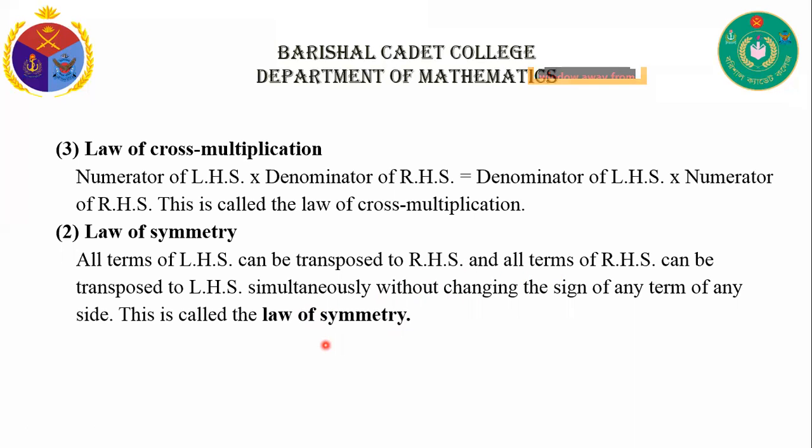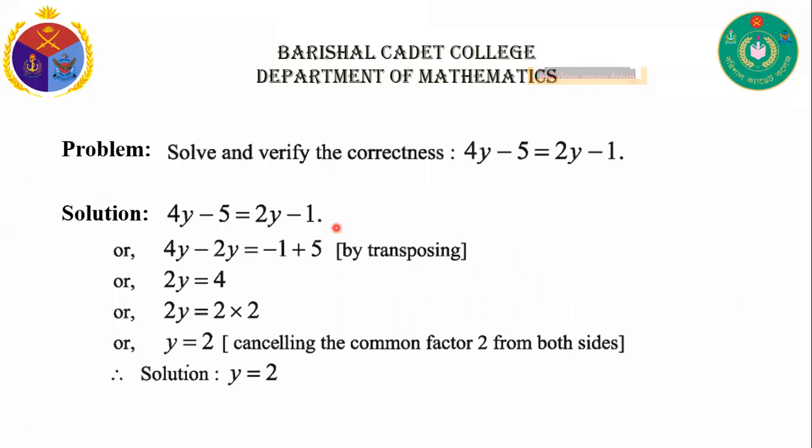Now we go to solve some problems. Problem one: solve and verify the correctness. 4y minus 5 equal to 2y minus 1. We can transpose the variable to one side and the constant term to the other side.